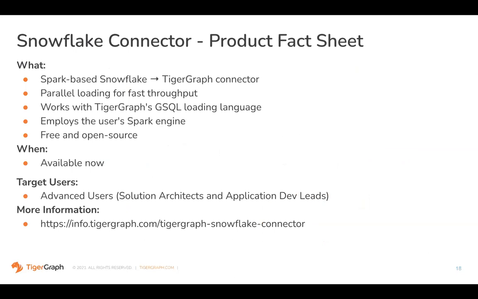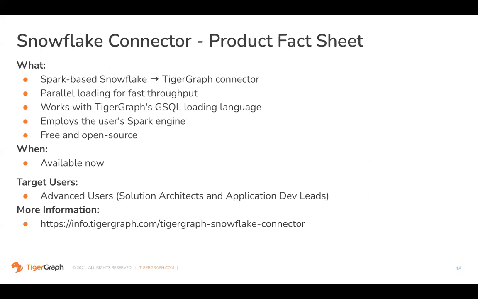Some key facts on the product. Obviously, this is a Spark-based Snowflake connector. It leverages the parallelism built into both Spark and TigerGraph to do loading in parallel for higher throughput. You can configure the parallelism based on your needs and workload demands in terms of response time.